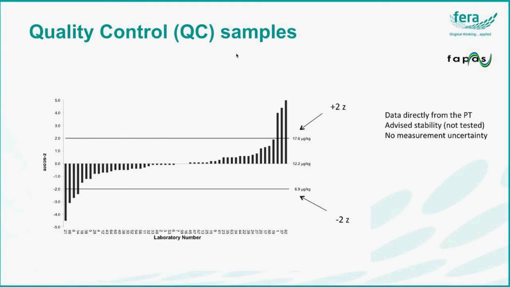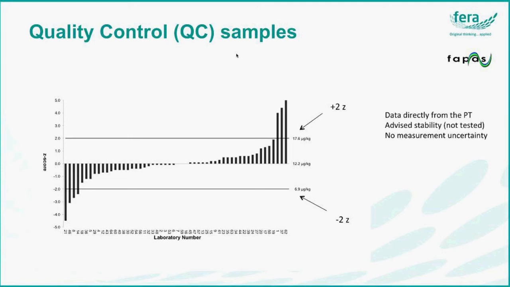For many of our products, we've made available the samples after the proficiency test for quality control purposes. It enables laboratories to troubleshoot performance or simply to use it as an ongoing mechanism for quality control outside of the formal PT process.